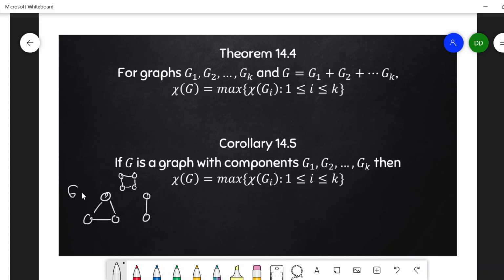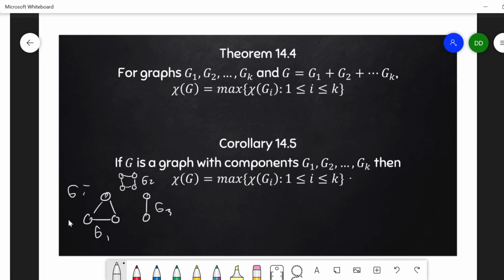So here's my graph G, and it consists of these components, G1, G2, and G3. Well, of course, the chromatic number of the graph is just the maximum of any of these, because I would require K colors for that one, and I'd be able to give a K coloring of each of the others. And so clearly it is the maximum of all of these.